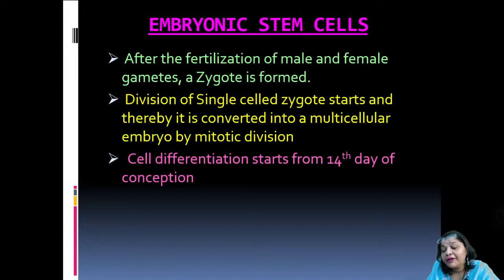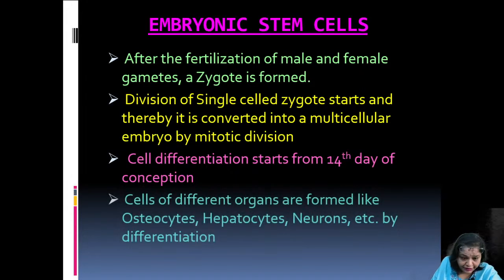Now, cell differentiation generally starts from the 14th day of conception, that is, the formation of the zygote. Cells of different organs slowly start forming after the 14th day of conception. What are the different types of organs and cells that are formed?